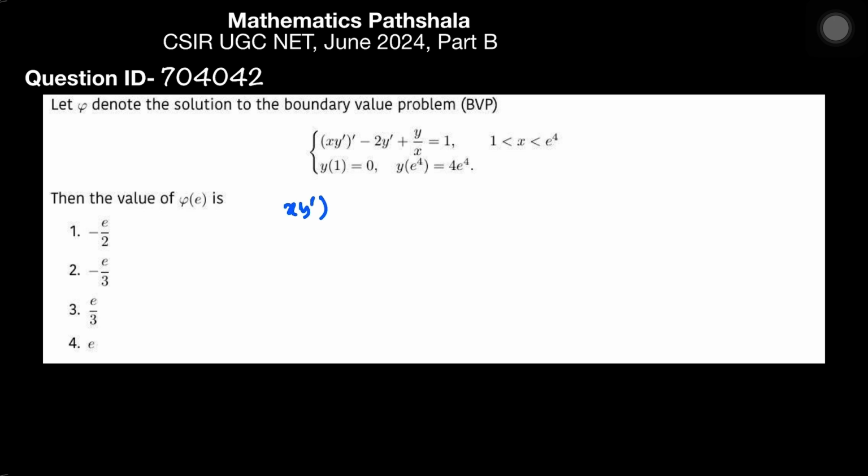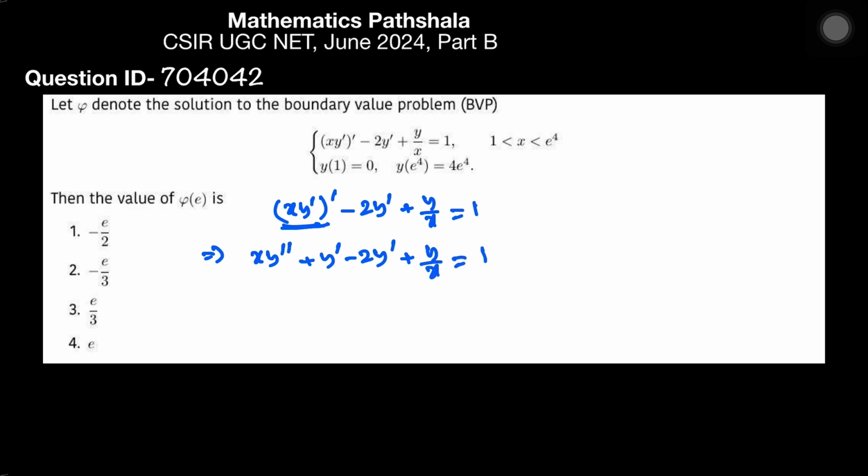(x y')' - 2y' + y/x = 1. So now we expand this derivative. What do we get? x y'' + y' - 2y' + y/x = 1.